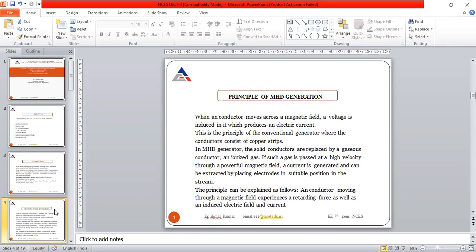So some electrodes will be placed at a suitable position, and an EMF or voltage will be collected across those electrodes.